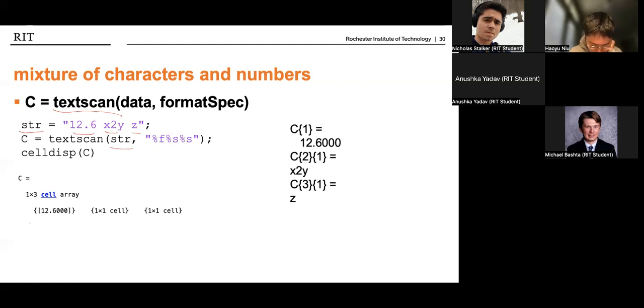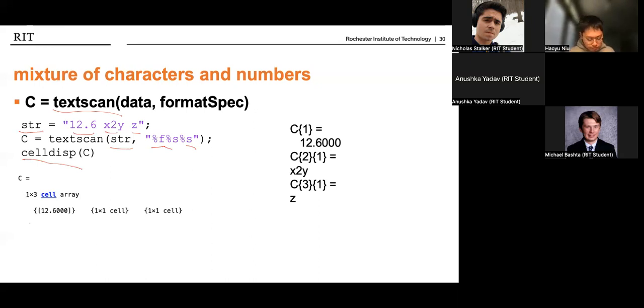You see that we have %f, which means float, and %s, because for the second and third elements they are more likely strings. After you apply textscan, you can display it as a cell.